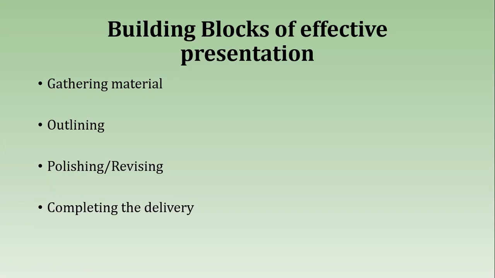If you need it for research purposes or study purposes, you need to get approval through the head of the organization, and then you can get the material. So likewise, you need to follow some procedure, then you can gather the material. So the first step is gathering materials and related data.